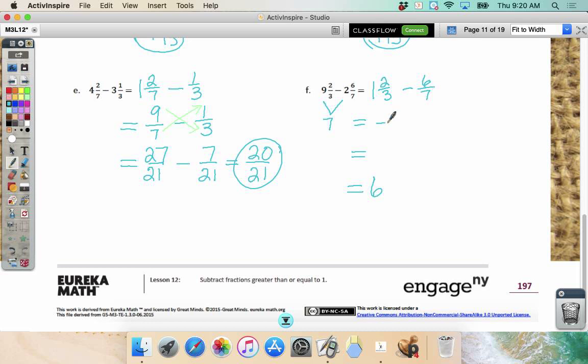Okay, changing it to an improper fraction. What's 1 times 3 plus 2? 5. Is it helping that I'm going to go ahead and write the 3 down? The denominator? Okay. So option 1 again, making our life very simple.